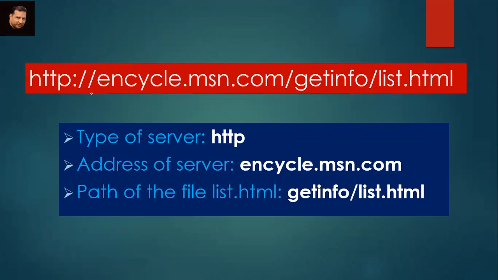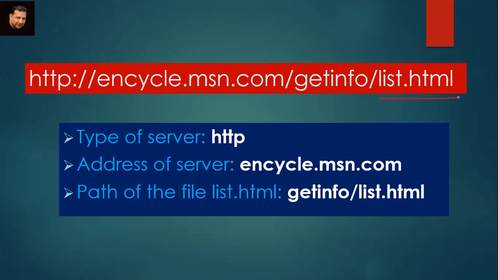This is a URL, a URL is an address of a page which is lying somewhere on a web server. What is the name of that page? That is list.html. This is your page, list.html.